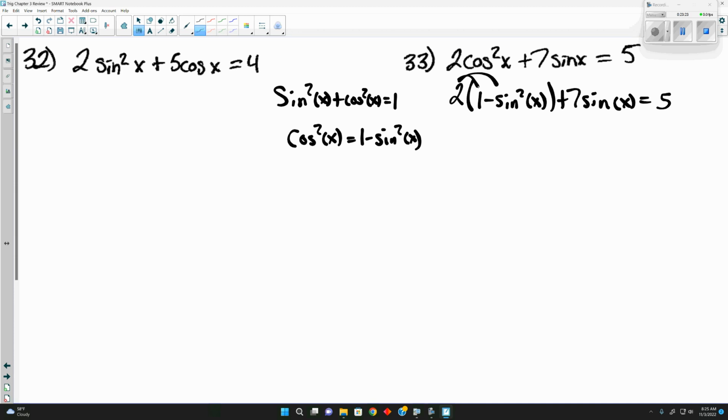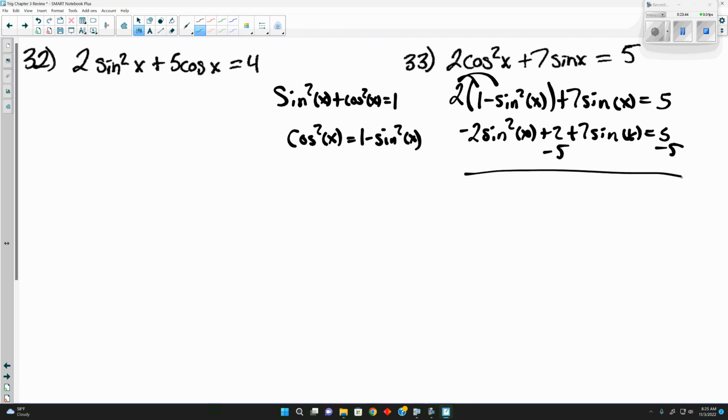So we will distribute the 2, which will tell us that we have negative 2 sine squared of x plus 2 plus 7 sine of x is equal to 5. Now we can subtract the 5 from both sides, showing us negative 2 sine squared of x plus 7 sine of x minus 3 is equal to 0. Questions on this so far?